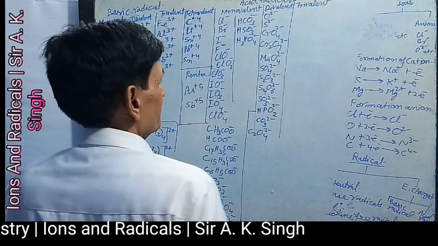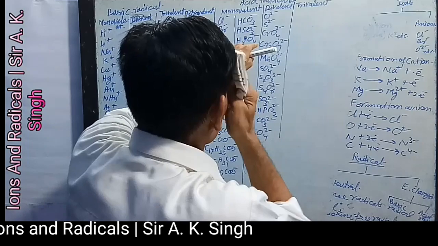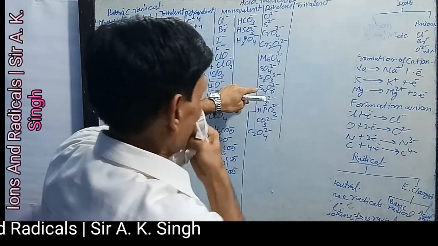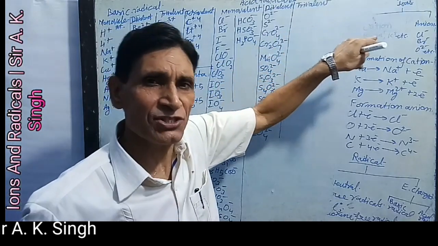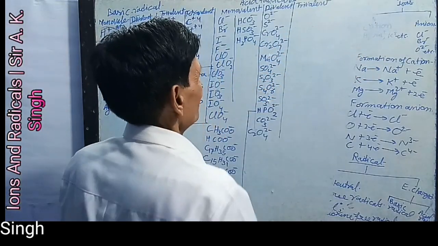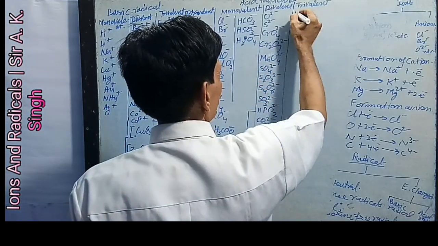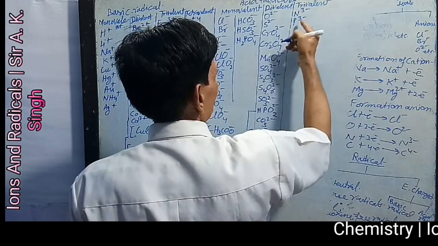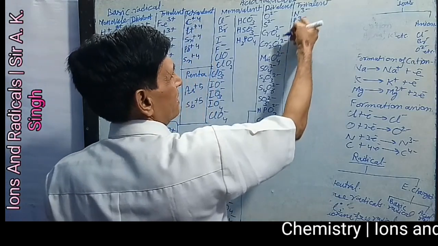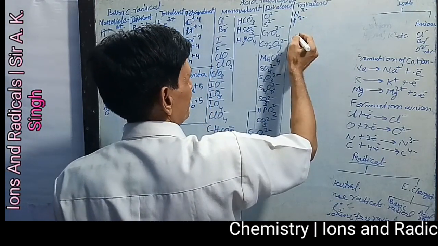Trivalent anions also have 3 negative charges. If valence is 3, then trivalent. For example, nitrite, phosphite, these are trivalent anions.